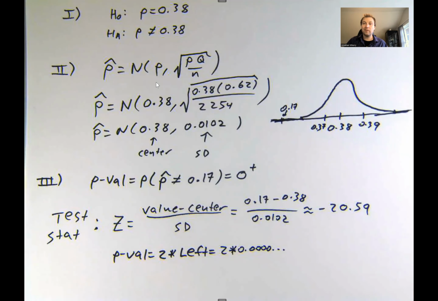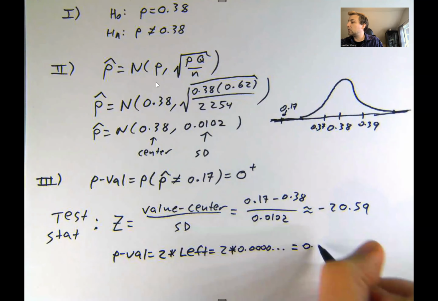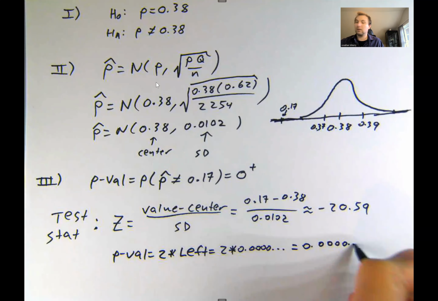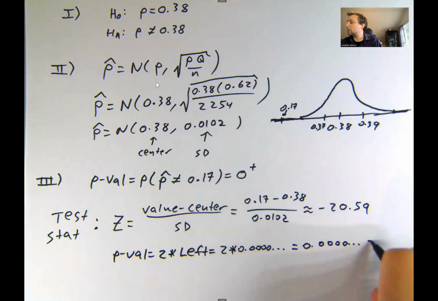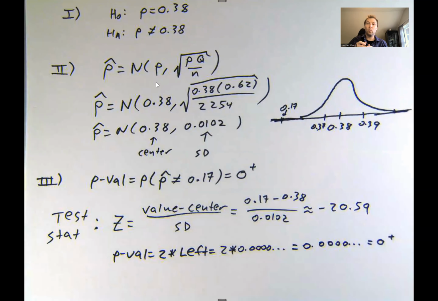Well, if I have such a small value, if I multiply it by 2, it's not going to change anything. It's still going to be really, really close to 0, 0.0000, some minuscule value that we call 0 plus. When your z-score is off the chart, you're going to have these really weird, tiny probabilities if you're looking at a two-tailed test. And I can verify my result here inside of GeoGebra, and I will in a second. But let's do our conclusion.